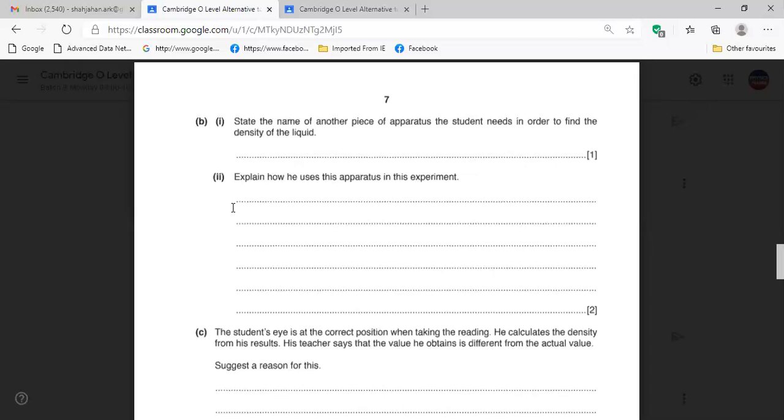Then your first one should be only the beaker, not the measuring cylinder. You take the mass of the beaker only, because you are now measuring the mass relating to the beaker, right?